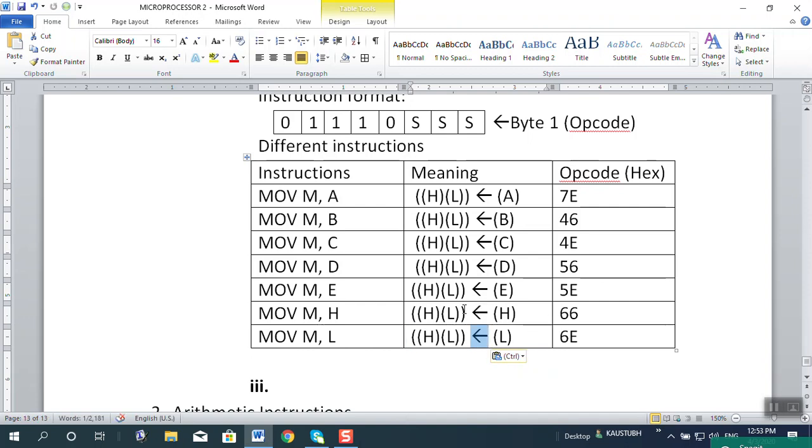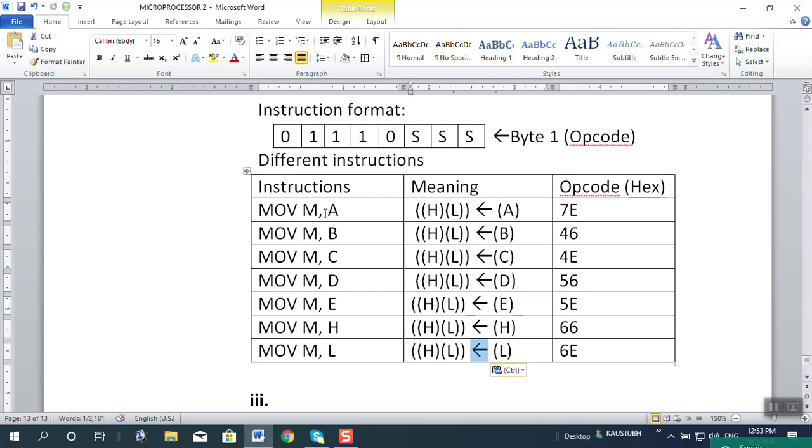Okay, so these are the different instructions. Now the output for A, it is 1 1 1, so it is 77. Then B is 0 0 0, so 70. Then C is 0 0 1, so 71.